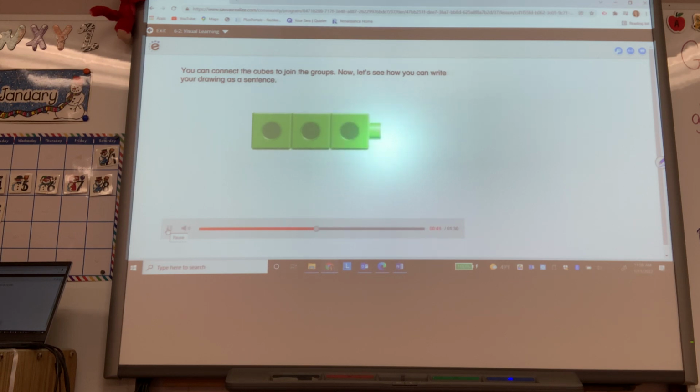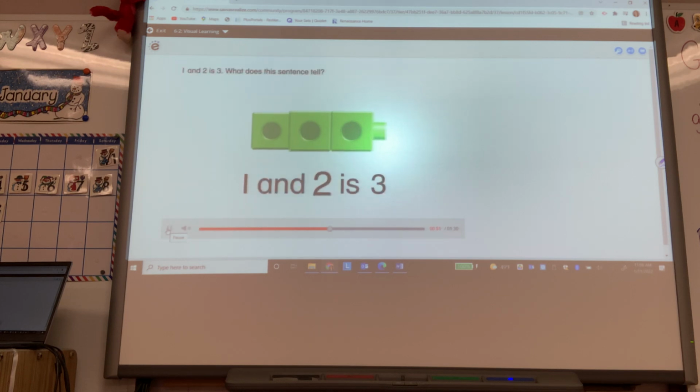Now, let's see how you can write your drawing as a sentence. 1 and 2 is 3. Now that's the same as saying 1 plus 2 equals 3. What does this sentence tell? It tells how many boats there are altogether when you join the groups.